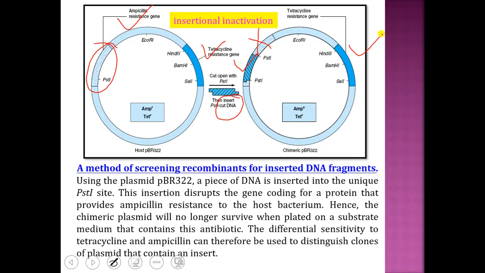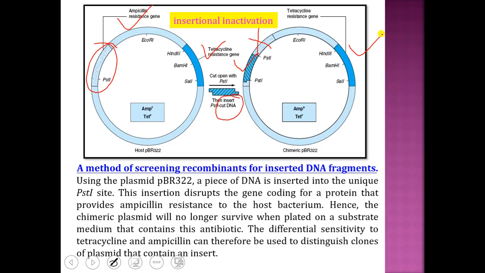So from the colonies that grow on a medium, as I told you, there are three types of host cells: one having vectors with our desired gene, one with only vector but no gene of interest, and the third without vector. We can identify the colonies by this antibiotic resistance. Those that do not have any plasmid will be killed by both antibiotics, either ampicillin or tetracycline.